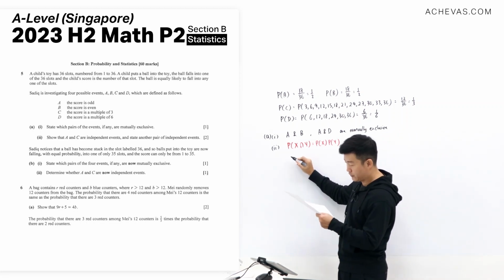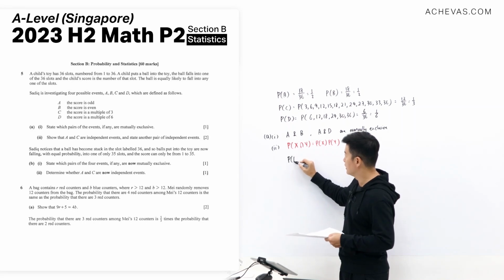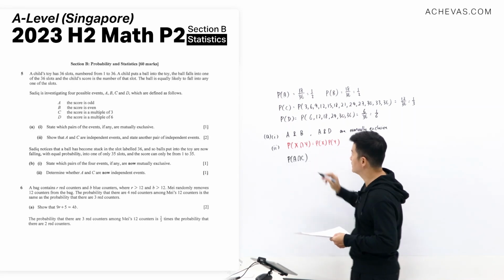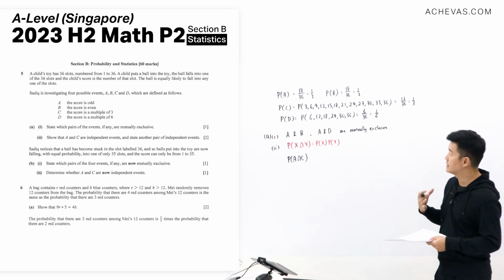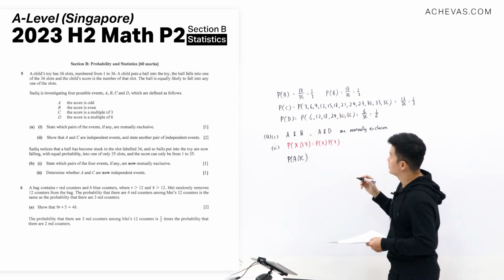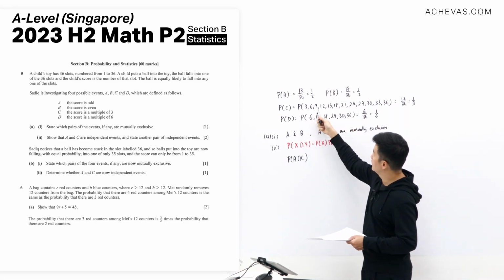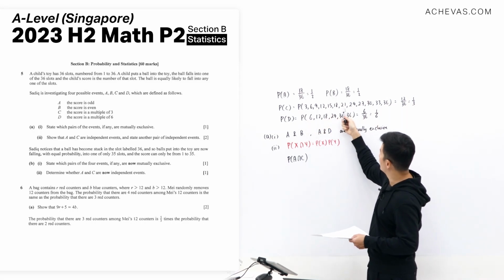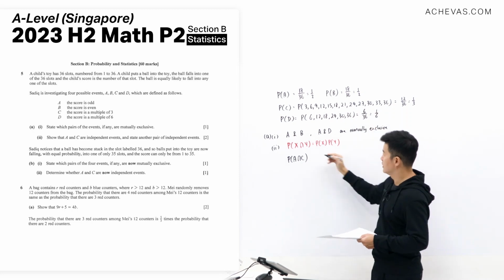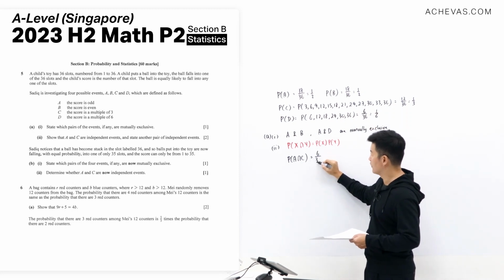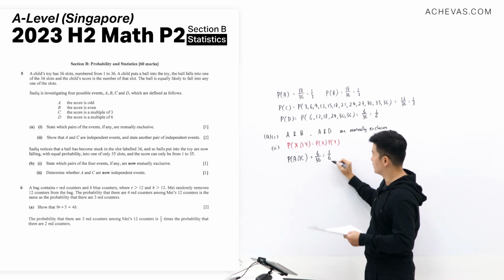Let's first quote the probability of A and C. So A are odd numbers, C are numbers that are multiples of 3. So for odd multiples of 3, there will be 1, 2, 3, 4, 5, 6 of them. So this is going to be 6 over 36. This is 1 over 6.